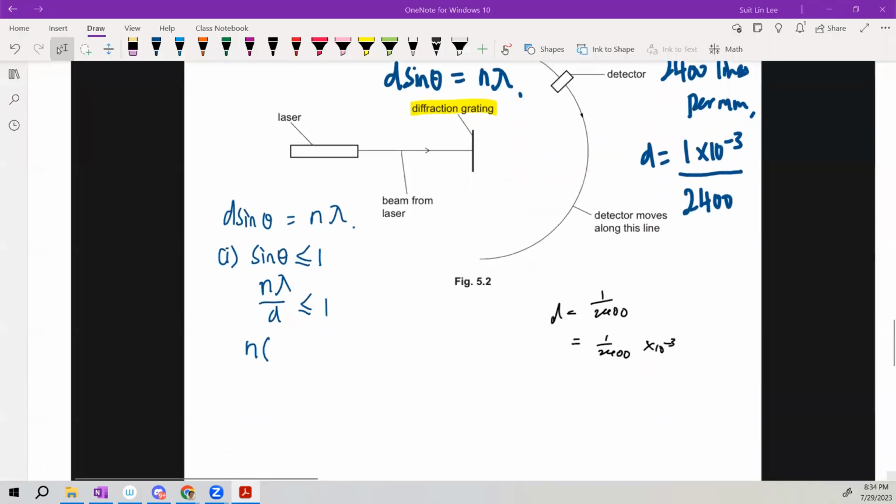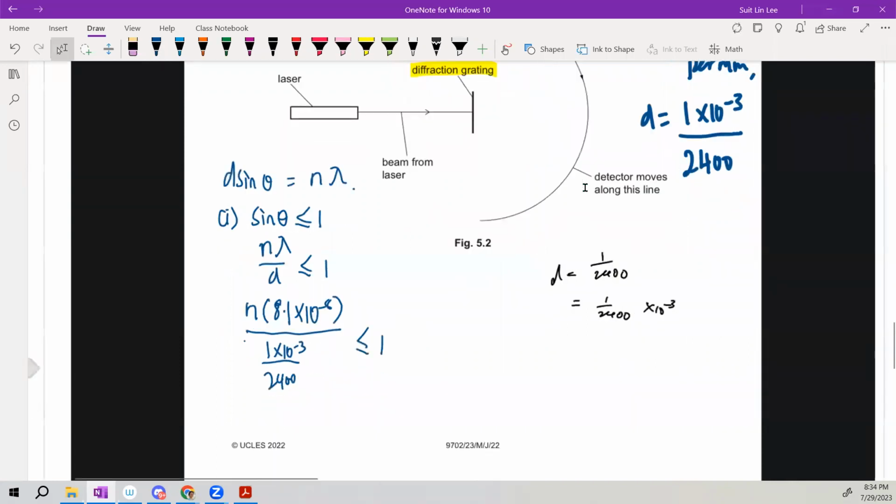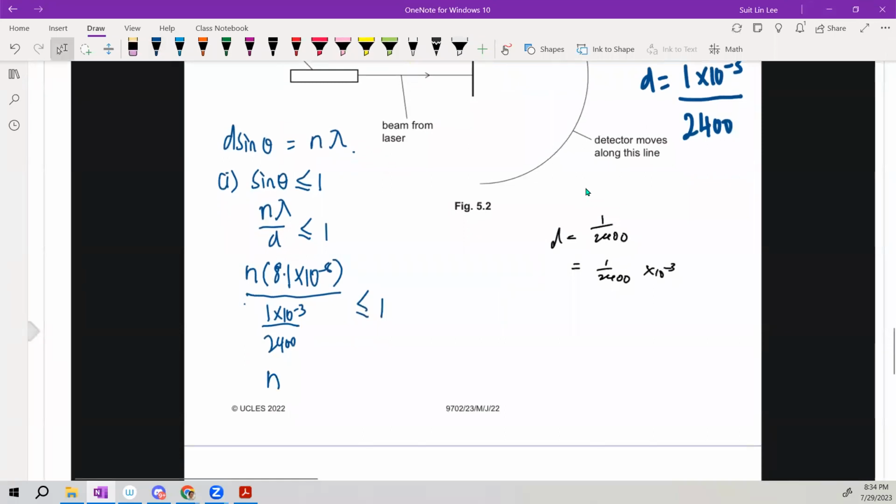So my lambda is 8.1 times 10 to the power negative 8. This d is already calculated. So 1 times 10 to the power negative 3 divided by 2400. I'll multiply it on one side.